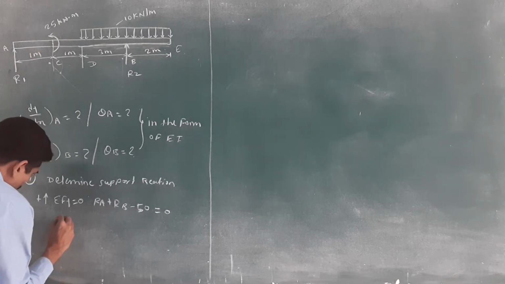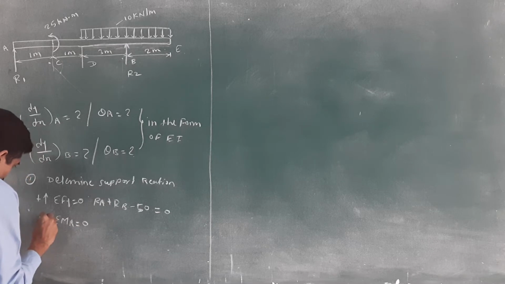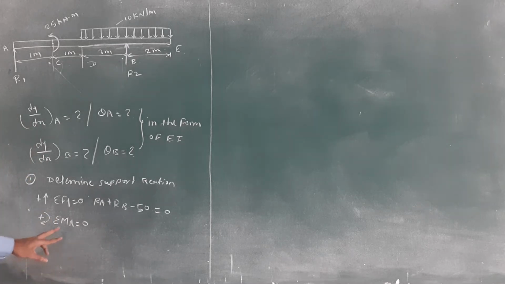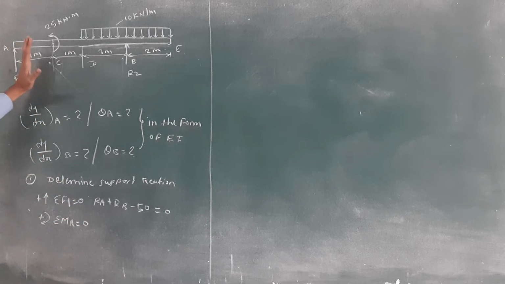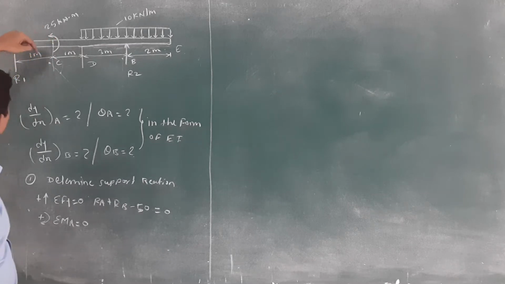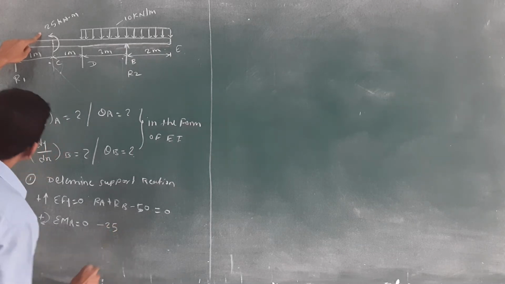And second, I will take the summation of MA equal to 0, considering clockwise positive. Here MA is equal to 0. Then the couple is anti-clockwise, so it is minus 25.